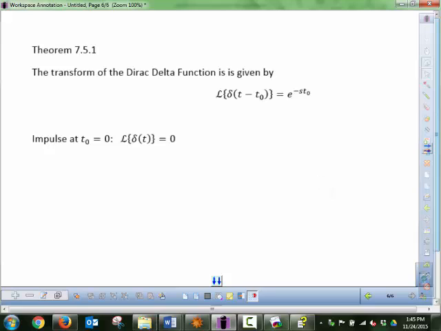Depending on what t naught is, if you have a delta function in your differential equation, that will transform to e to the negative s times t naught, whatever that t naught is. I guess I should have said t naught times s, because t naught is a constant. That's the time that you hit this thing.